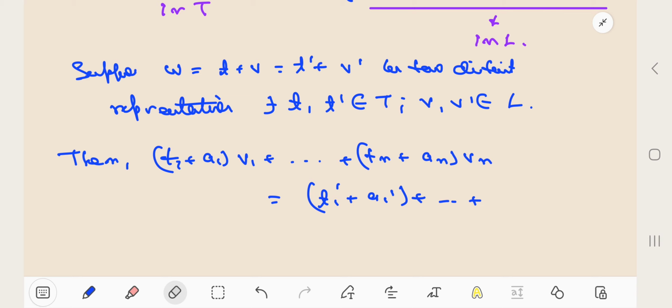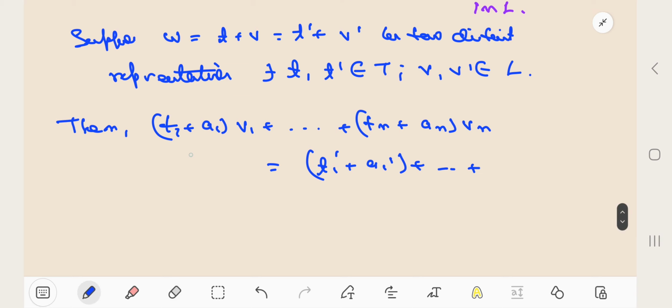So w is of the form t plus v, where t1 v1 till tn vn constitutes the part t, and a1 v1 till an vn constitutes the part v.